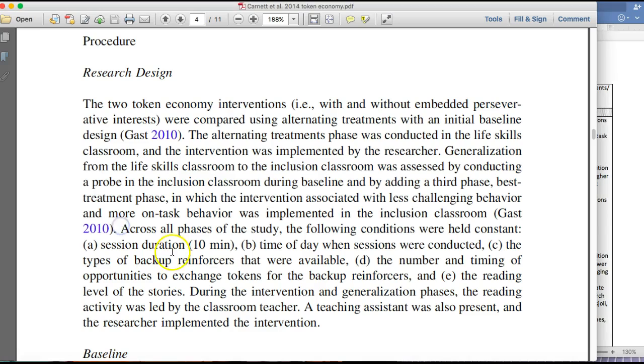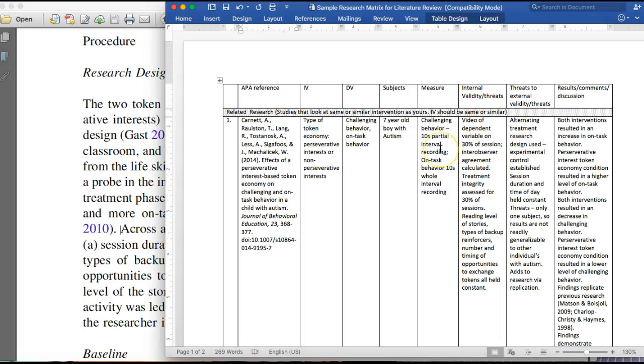So they did here, you can see the 10-second partial interval recording for challenging behavior, that's how they measured the dependent variable of challenging behavior, and then 10-second whole interval recording was done for the other dependent variable.